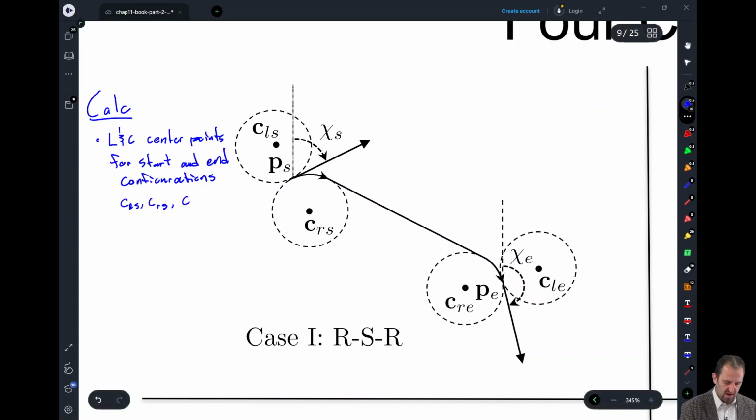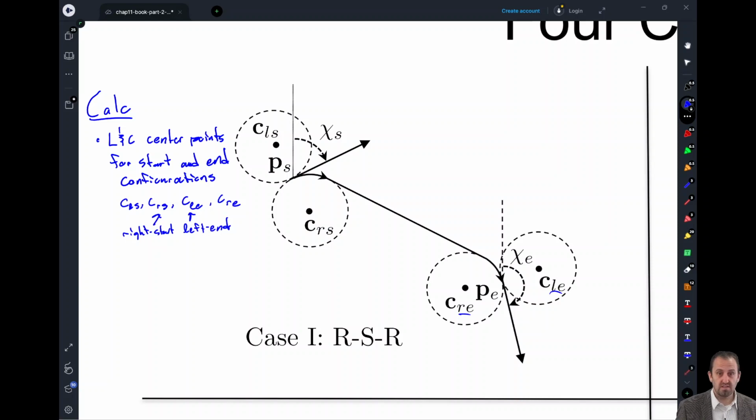We then have our ending, our left end and our right end. These are the center points of the possible circles that we're going to be doing arcs about.